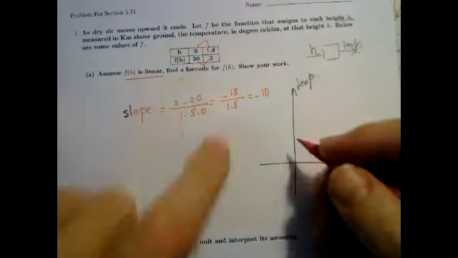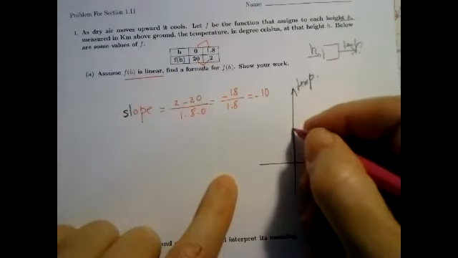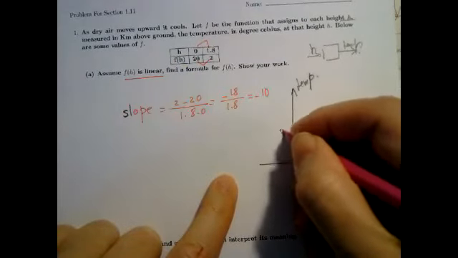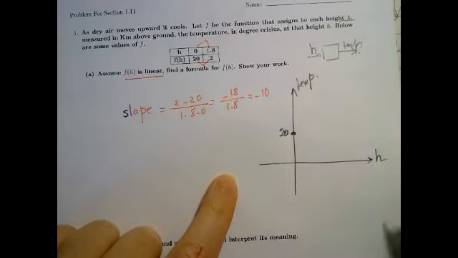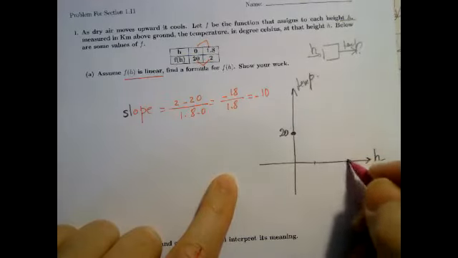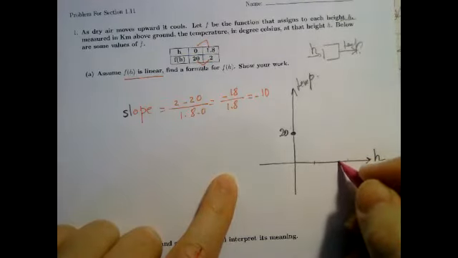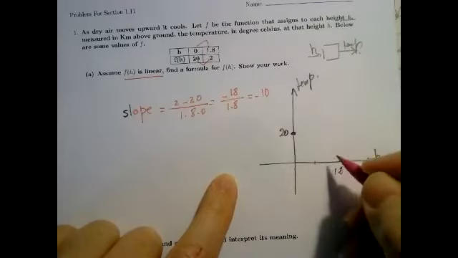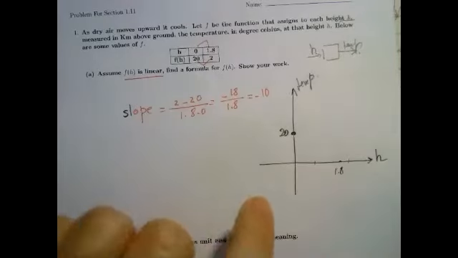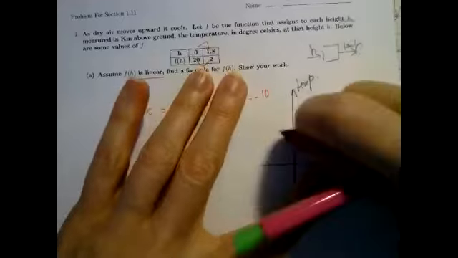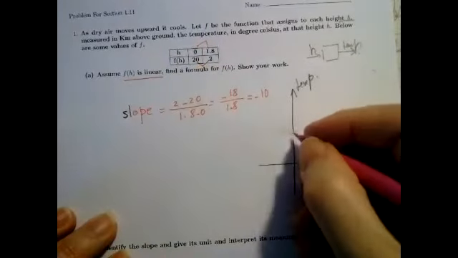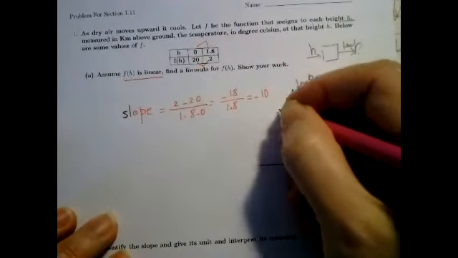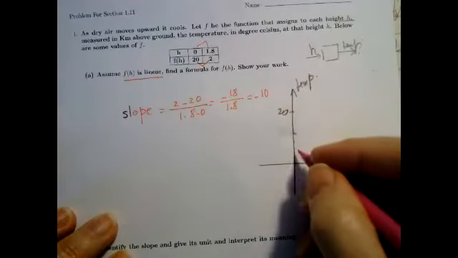If the height is 0, the temperature is 20. And if the height is 1.8, somewhere in here, the temperature went down. Sorry, 20 should be a little bit higher. So we are right here, and it is 2, so it's down here.